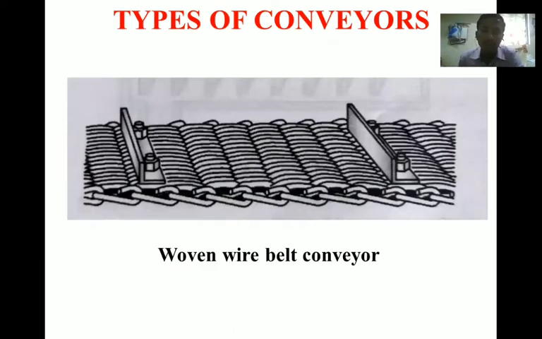Next one is the woven wire belt conveyor. Woven wire belt conveyor means, we know the meaning of wires, so instead of a belt, this material is made up of steel wires, or any other metallic wires.